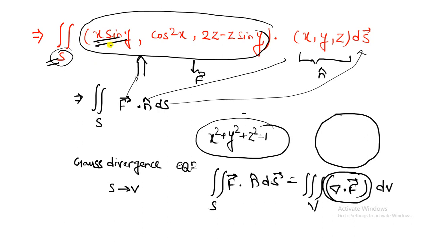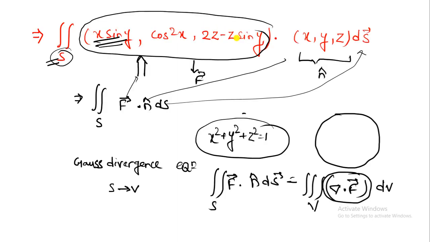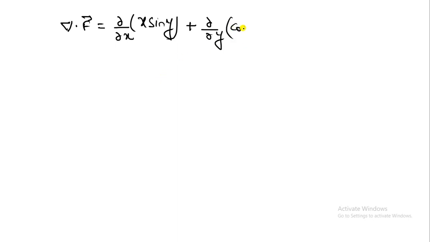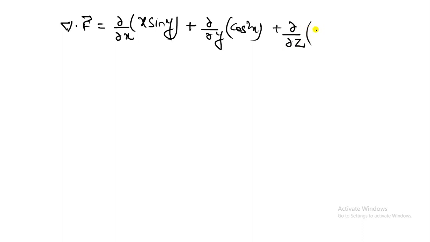So what will be the divergence of that vector field? Div F is equal to del by del x of the x component of that vector, that is x sin y, plus del by del y of the y component, cos square x, plus the z component, 2z minus z sin y, del by del z.